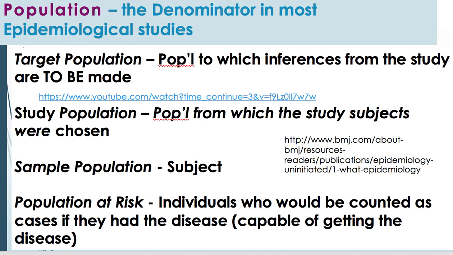So think of it this way. In your workplace, let's say you have a large group of individuals who perform welding. 90% of their job is welding. Your study population would be all those individuals who weld. But you conduct your air monitoring sampling or your noise sampling on a smaller subset, and that would be your sample population.